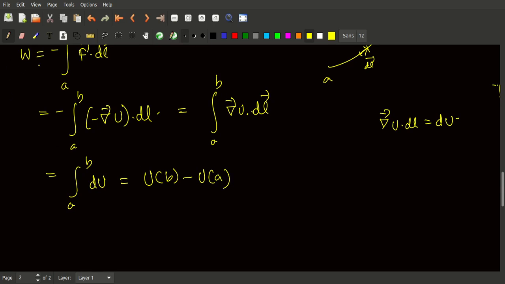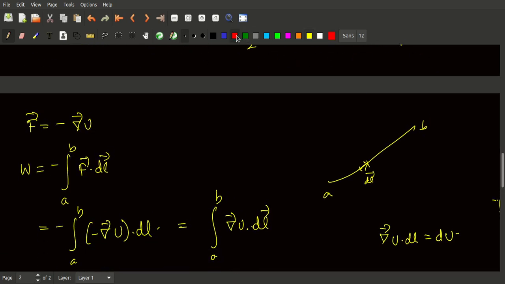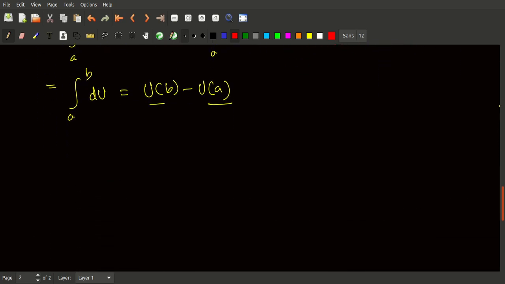Which means this work is a position dependent quantity. It's nothing to do with the path you take. If you are following different paths from a to b, this way or that way, or if you turn around and go back, all will give you the same work. The quantity has to be position dependent for a conservative force.